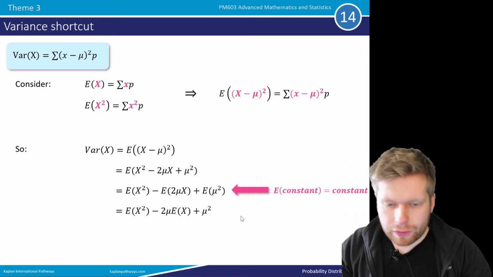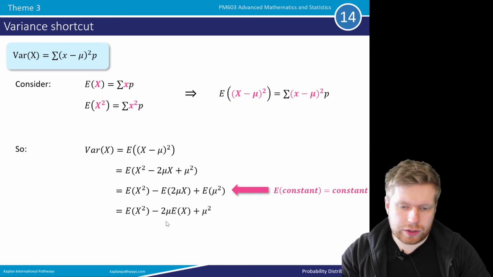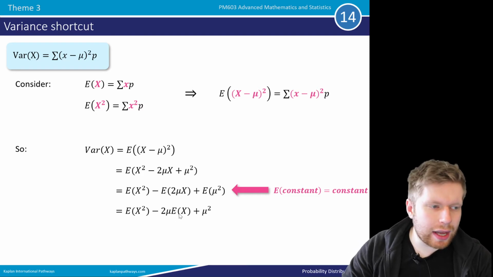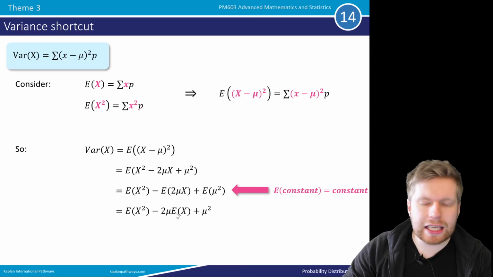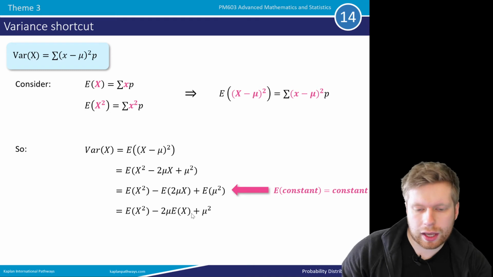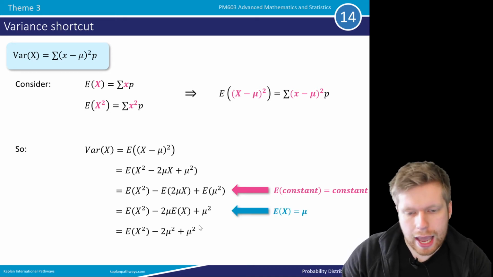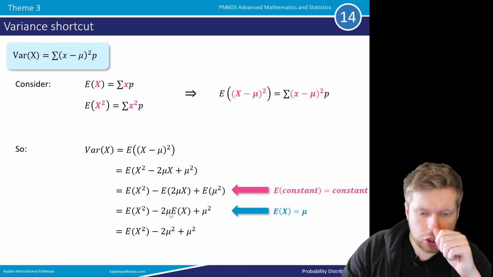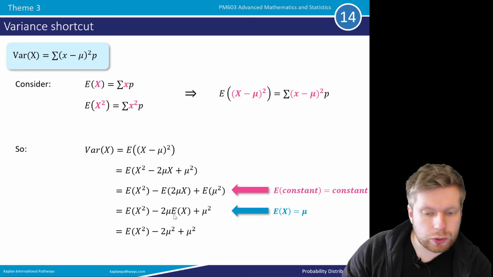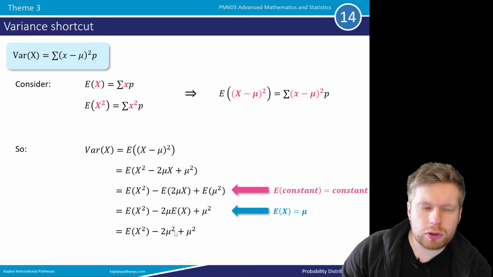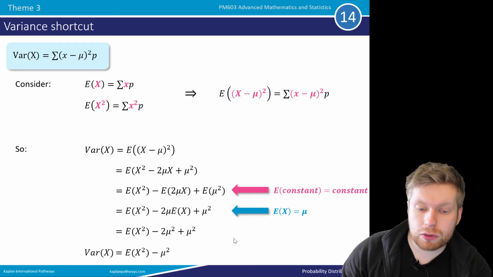Now, if I do a little bit of substitution here, you notice that I've got E of X in the middle. Well, I know the expectation of X I can rewrite as mu. I've got mu's going on elsewhere, so why not substitute E of X as mu? So if I substitute that, I get 2 mu squared, plus mu squared here. So negative 2 mu squared plus mu squared should be negative mu squared, right?